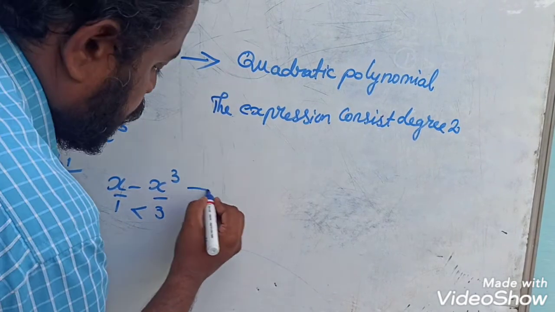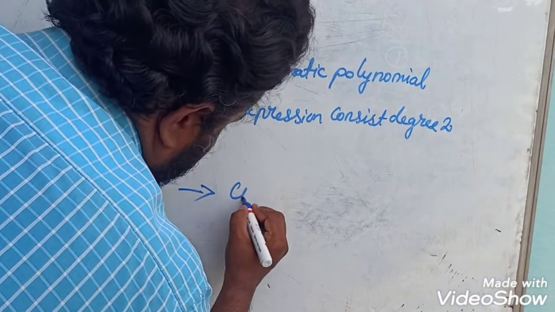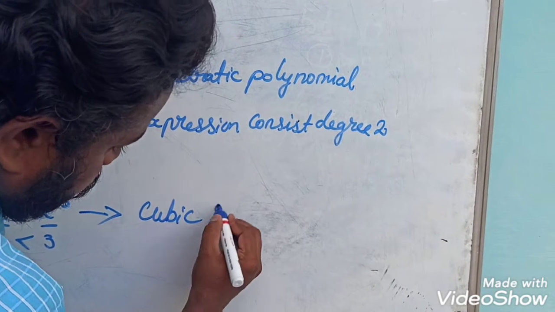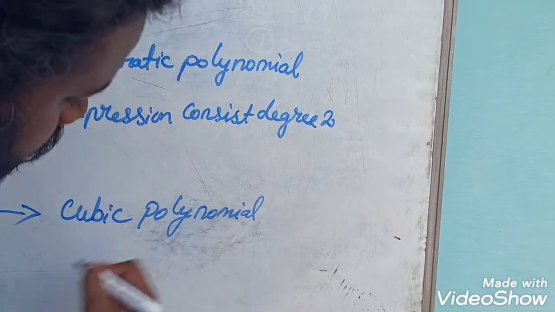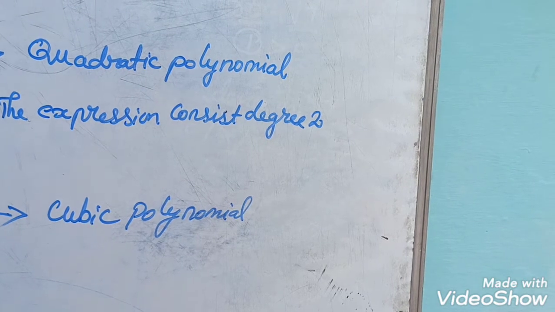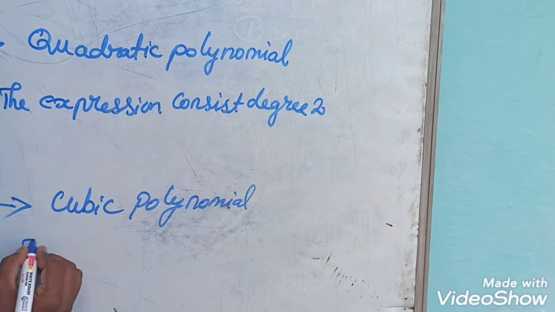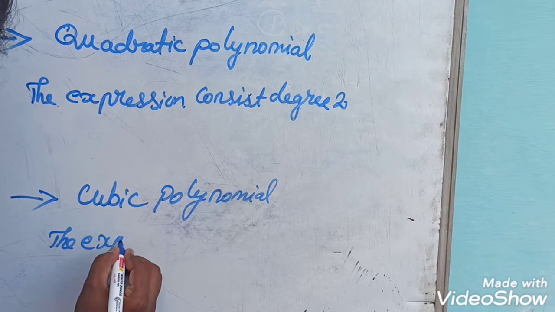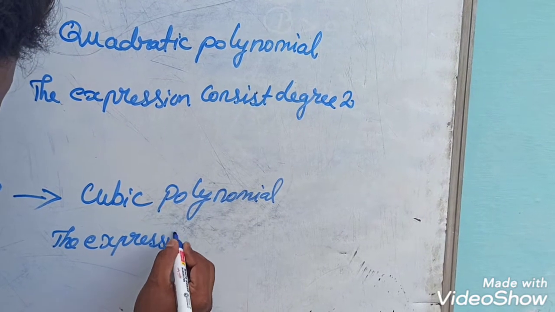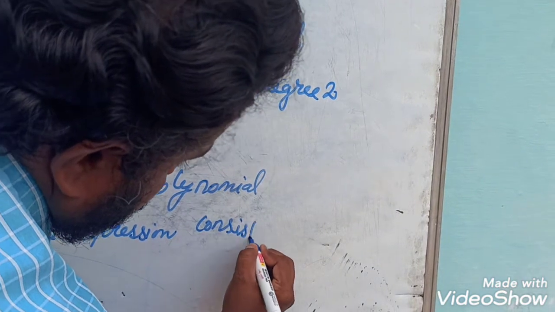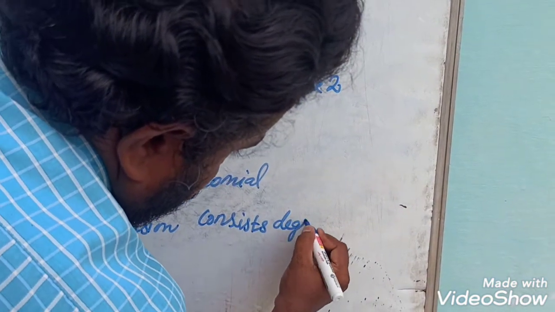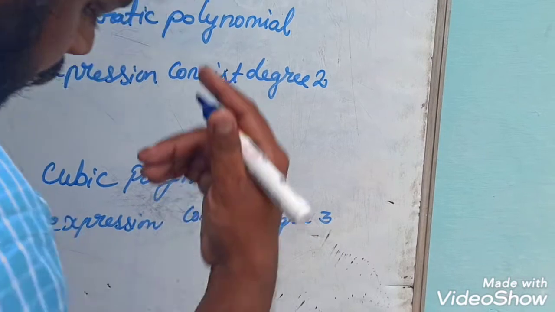So we say it is a cubic polynomial. Therefore, the expression consists of degree 3.